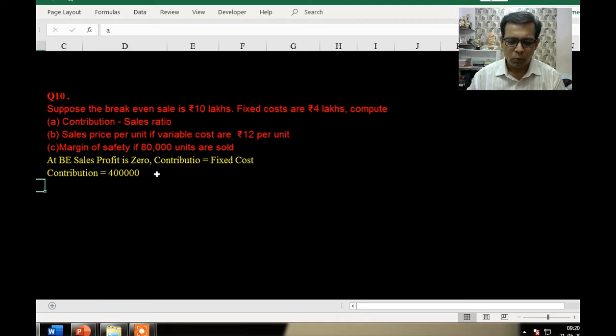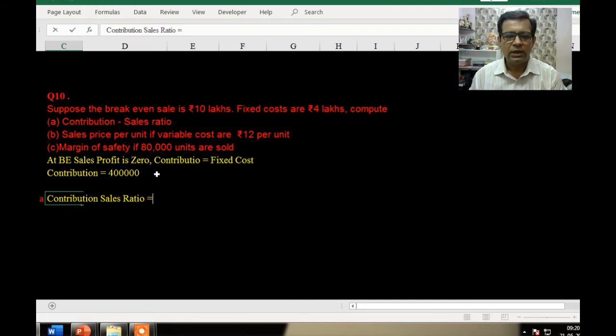Now if I am supposed to do this calculation here, what I get is my contribution sales ratio. We need to just understand that contribution sales ratio is nothing but PV ratio. Contribution by sales, and this is then to be multiplied by 100.